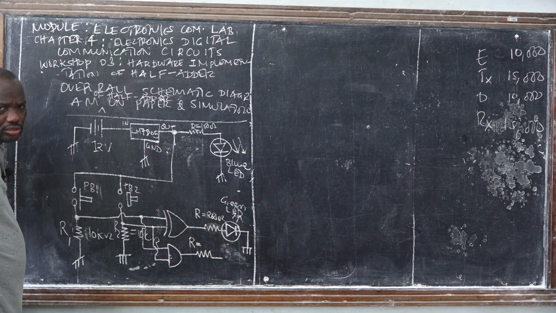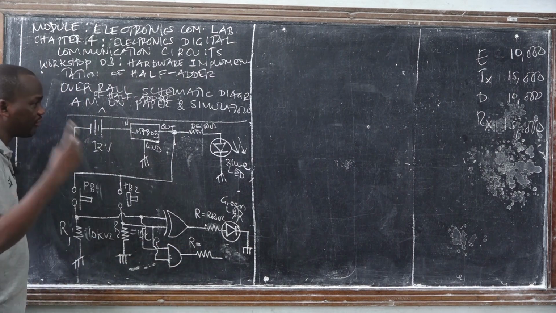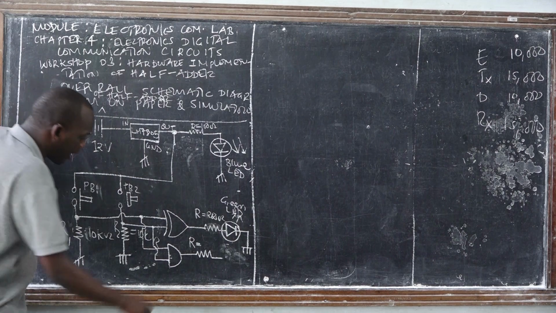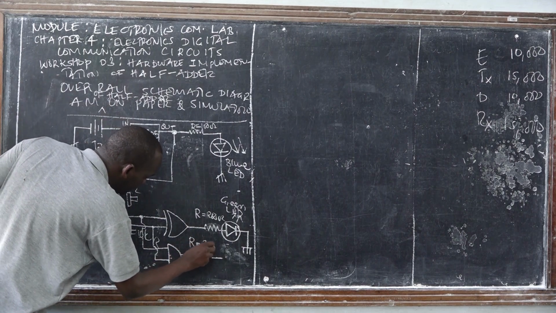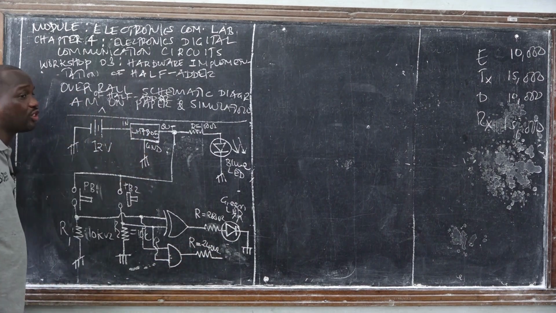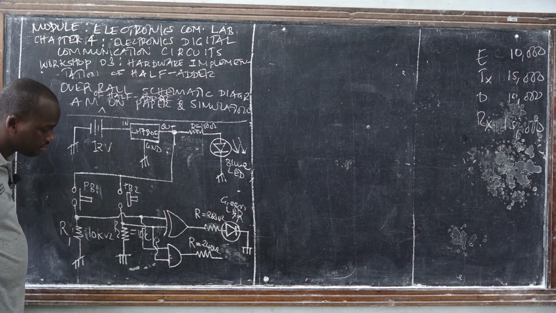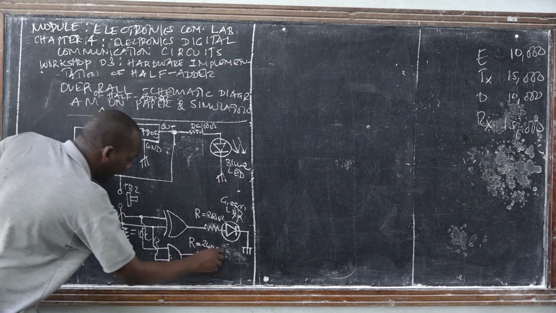Jacqueline, what is the resistance of this resistor? 240 ohm. You still have a great problem of including the unit in a physical quantity. Say 240 ohm.